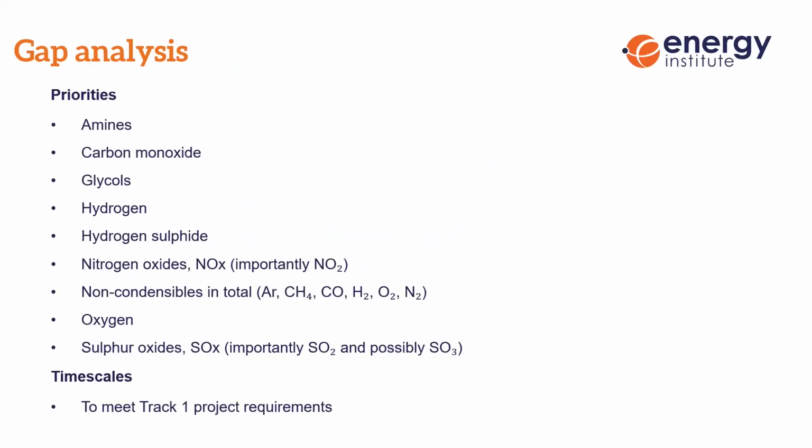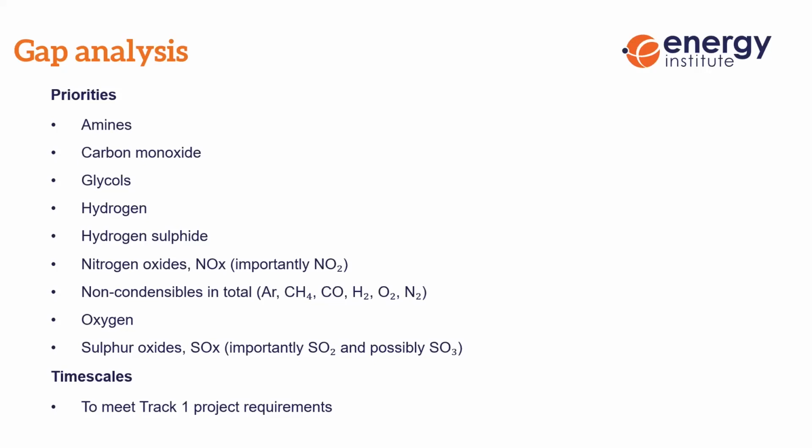So are all the impurities of equal importance? This is very subjective, but the priorities would appear to be as listed here. Amines is a very difficult one because there are many different amines.